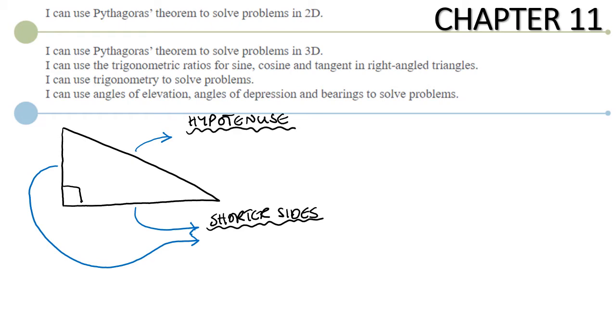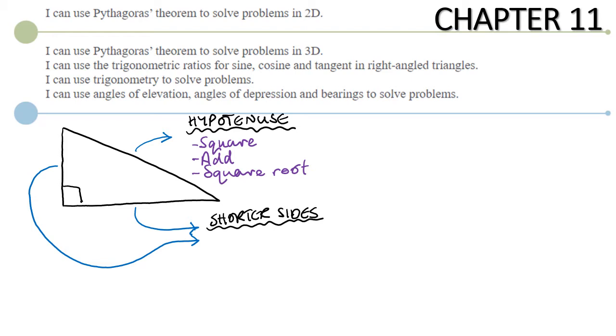So what we do, if you want to find the hypotenuse, you take the other two sides and square the values of the other two sides. You square them first, then you add, and then whatever value you get, you square root. So we square first, we add second, we square root third to find the length of the hypotenuse.